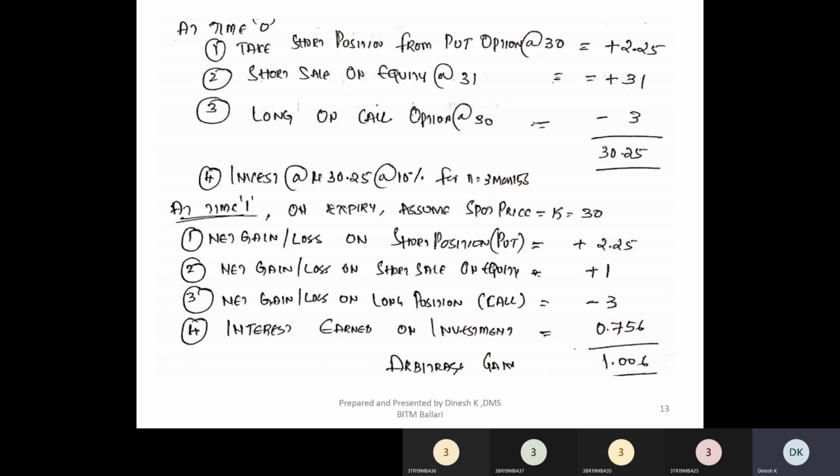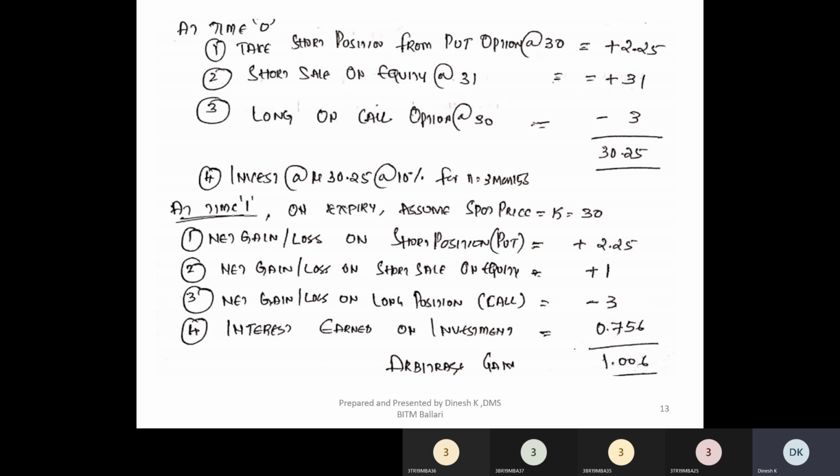rupees 3. Now, what is your total cash inflow or outflow? When you take a short position on a put option, it is a cash inflow of 2.25. When you take a short sale on equity, it is a cash inflow of rupees 31. When you take long on a call option, it is a cash outflow of rupees 3.